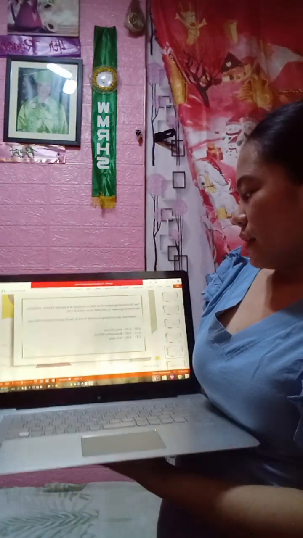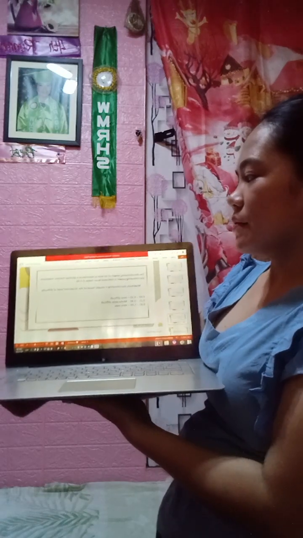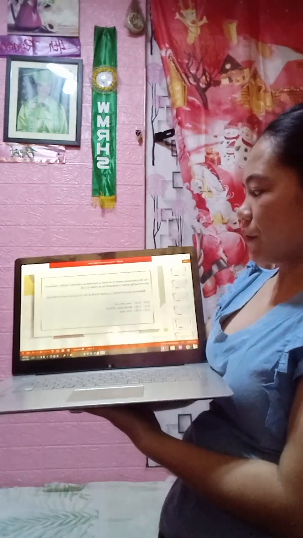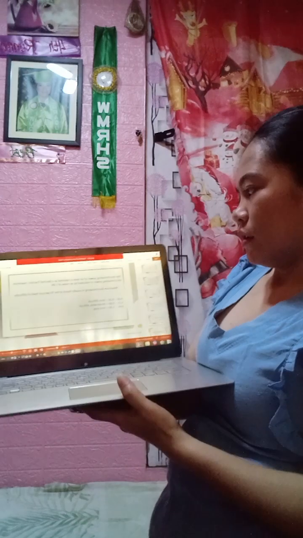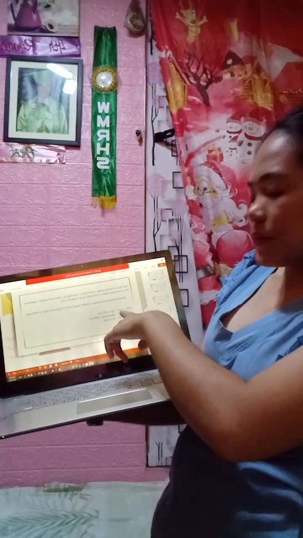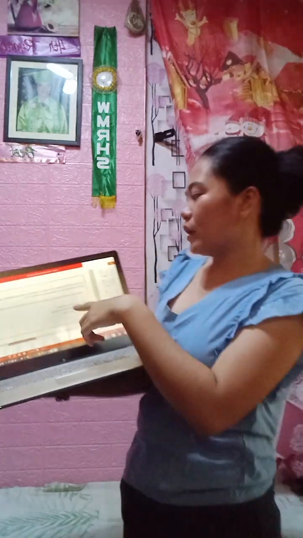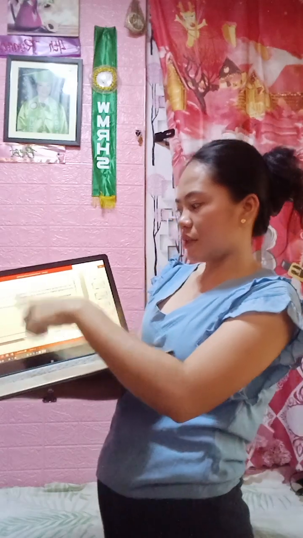Next, the discriminating power of an item is reported as a decimal fraction. Maximum discriminating power is indicated by an index of 1.00. Maximum discrimination is usually found at the 50% level of difficulty.